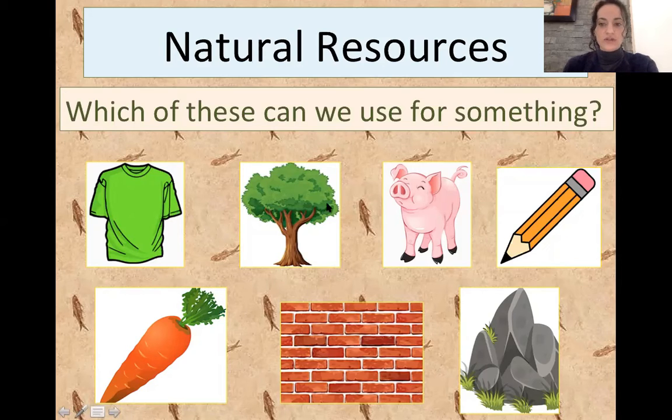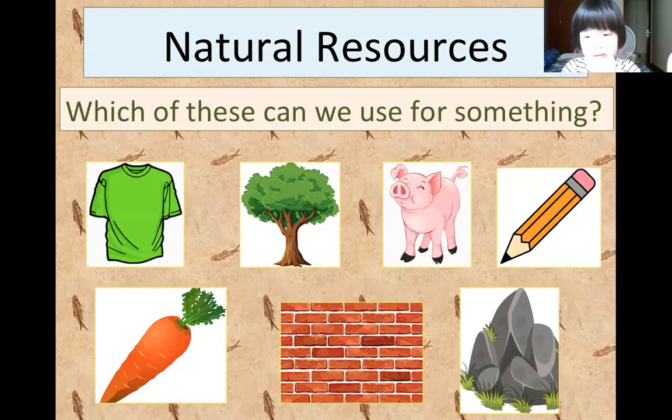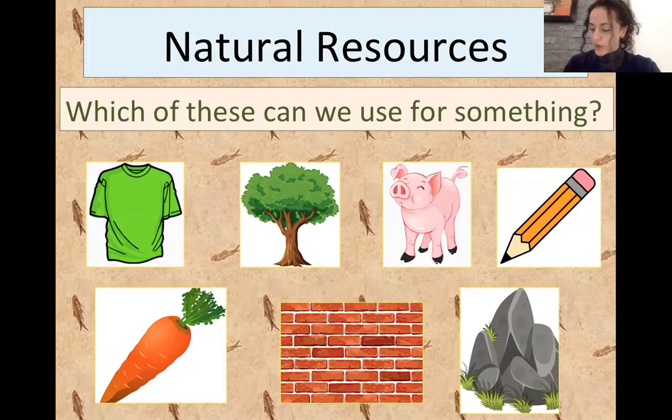Can we use trees? We don't use trees for anything? Yes. Yeah, right, we use it for wood. So these are all resources. We can use all of these for something. Susu, can you say resources?